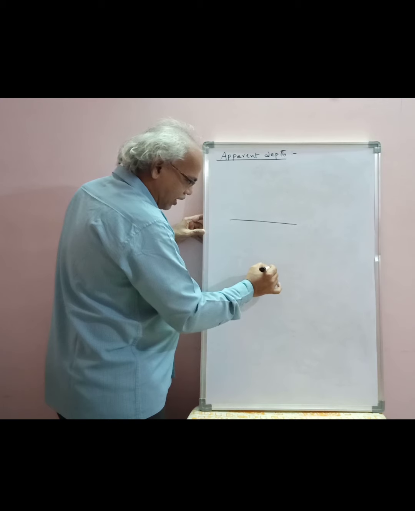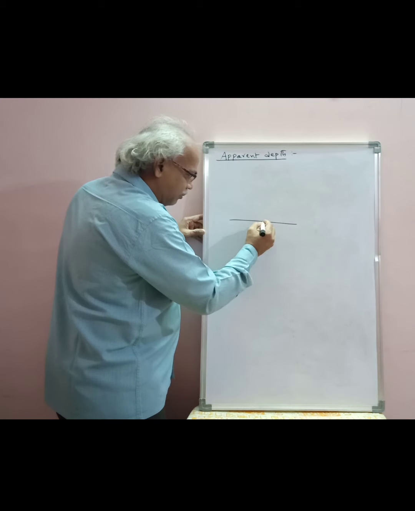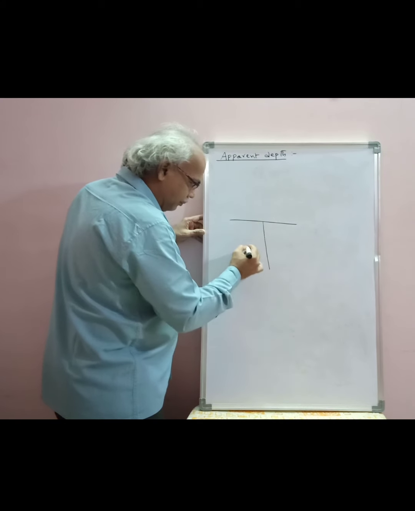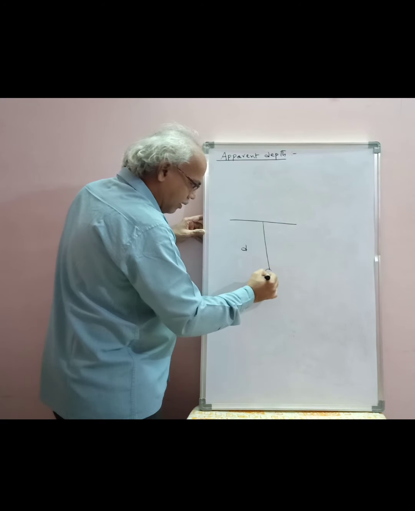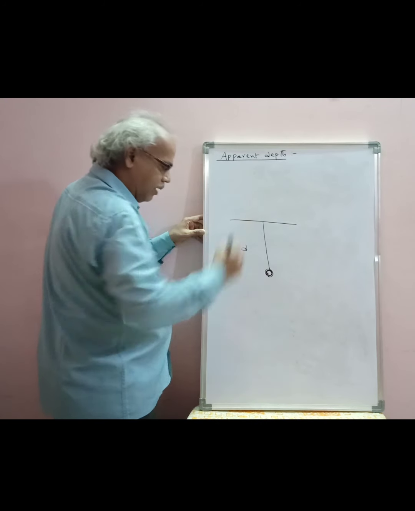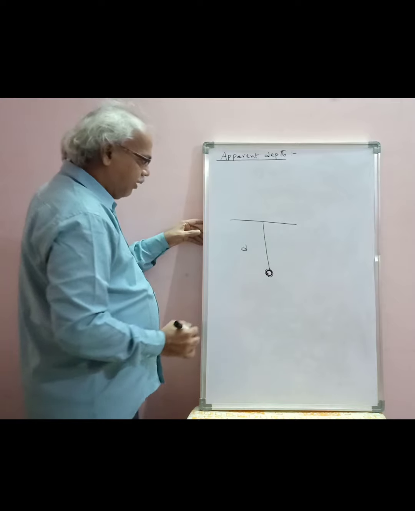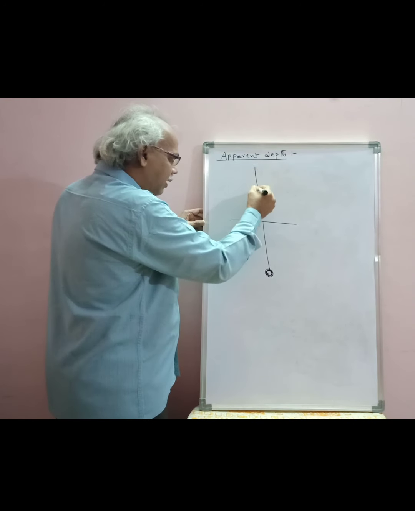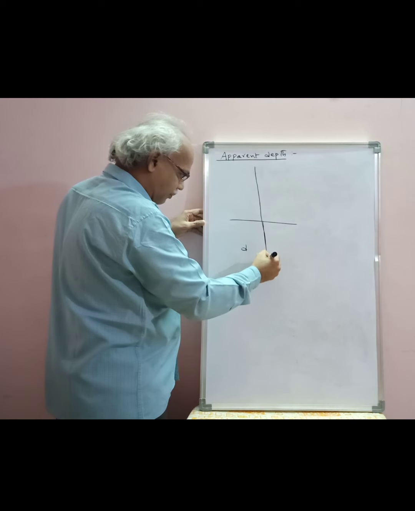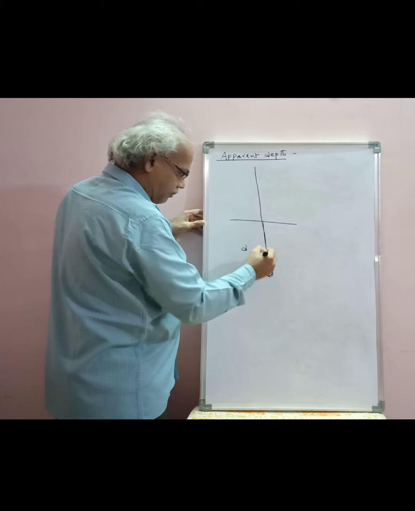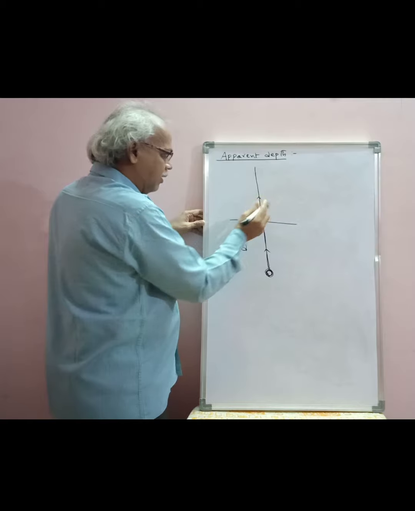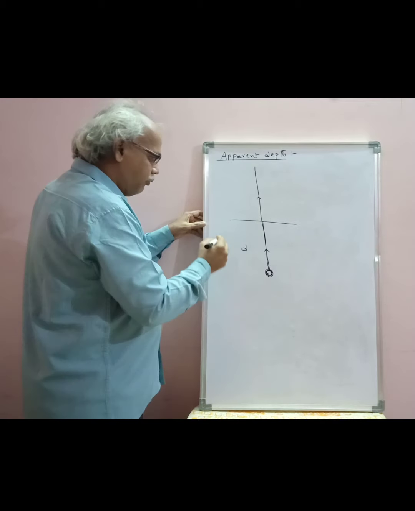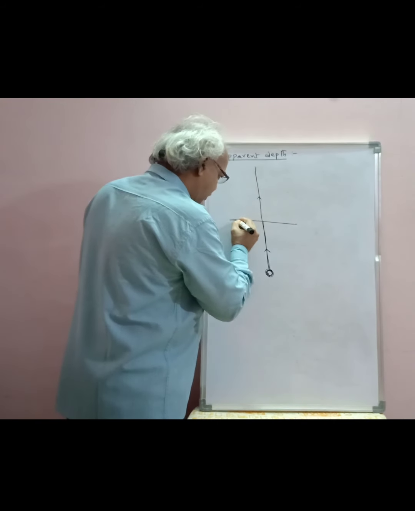If we place a coin at a depth d, like this, in normal incidence, the ray of light comes from the object and reaches the eye, then we can see that object.